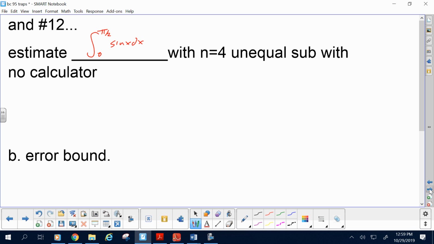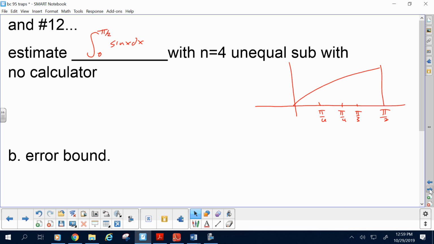Okay, it's for you to figure out if you're not going to use a calculator, where are you going to subdivide? I did pi over 6, pi over 4, pi over 3. Okay, and then there are two equal subdivisions. It might help you to think of these as 2 pi over 12s, 3 pi over 12s, 4 pi over 12s.